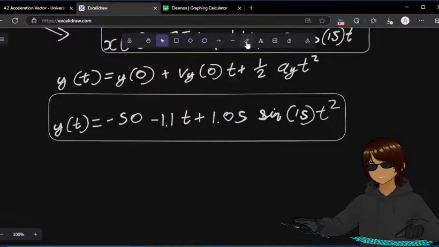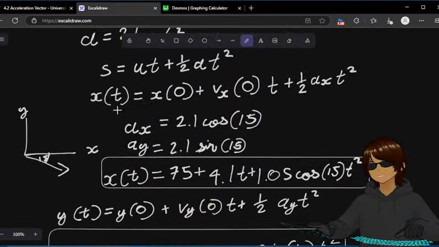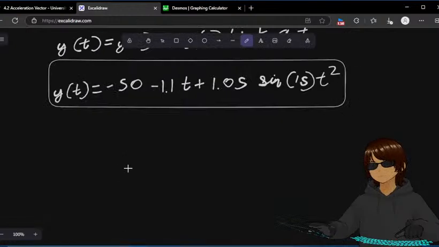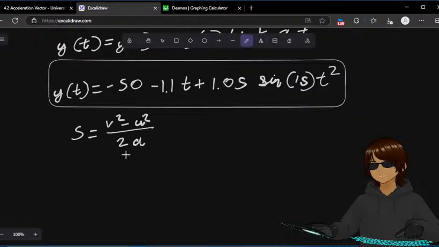Oh, so then I can just use acceleration. No, but I don't need the time, right? I think I will have to use the position then. s is equal to v squared minus u squared over 2a.